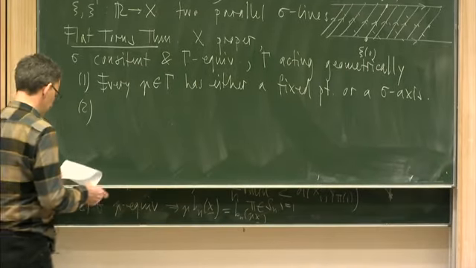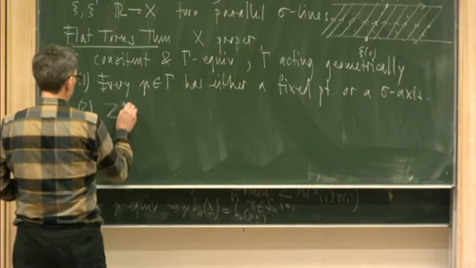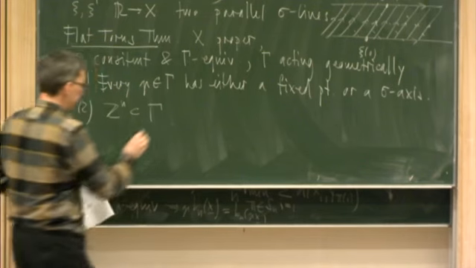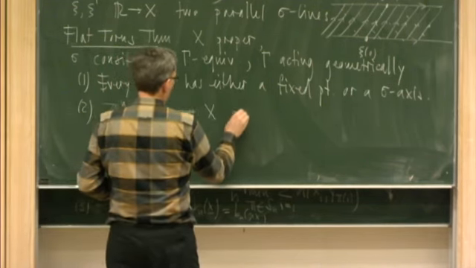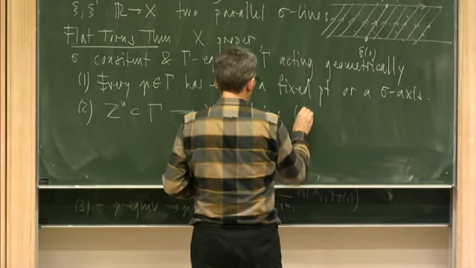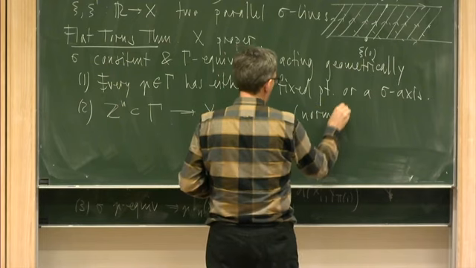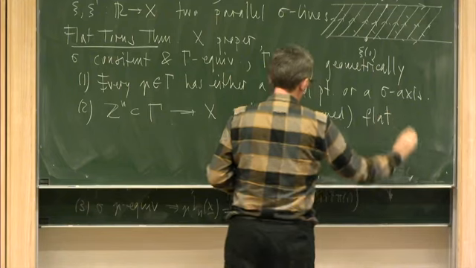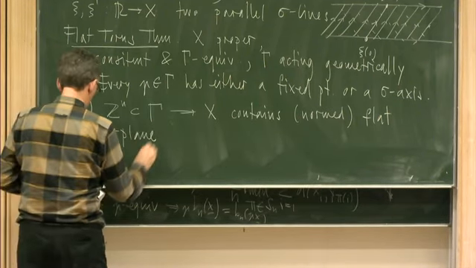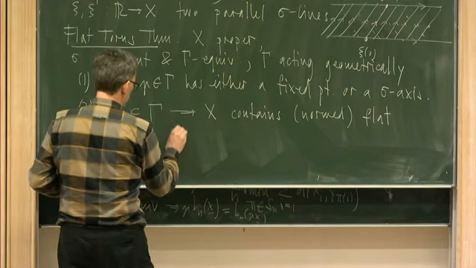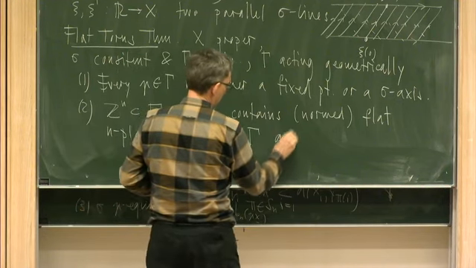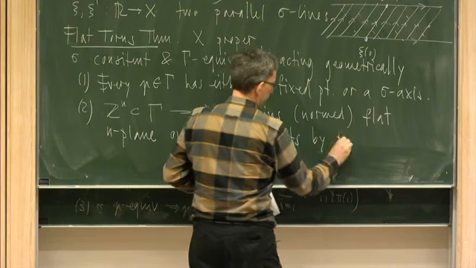So if there's a free abelian subgroup of rank n in gamma, then X contains a normed flat n-plane on which gamma acts by translation.